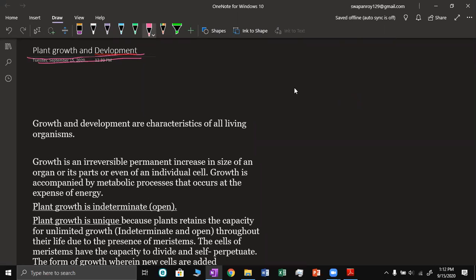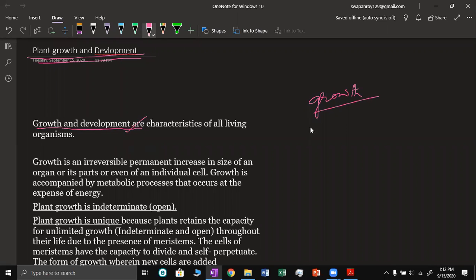As we all know, like the other important characteristics of living organisms, growth and development is a very important characteristic. All living organisms, with of course some exceptions, grow and develop.